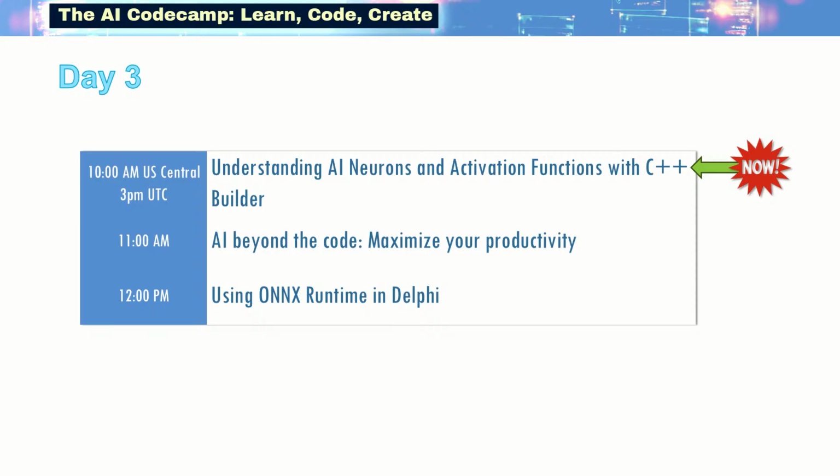So today, coming up shortly, we have understanding AI neurons and activation functions with C++ Builder. This is by Yilmaz Yoru.